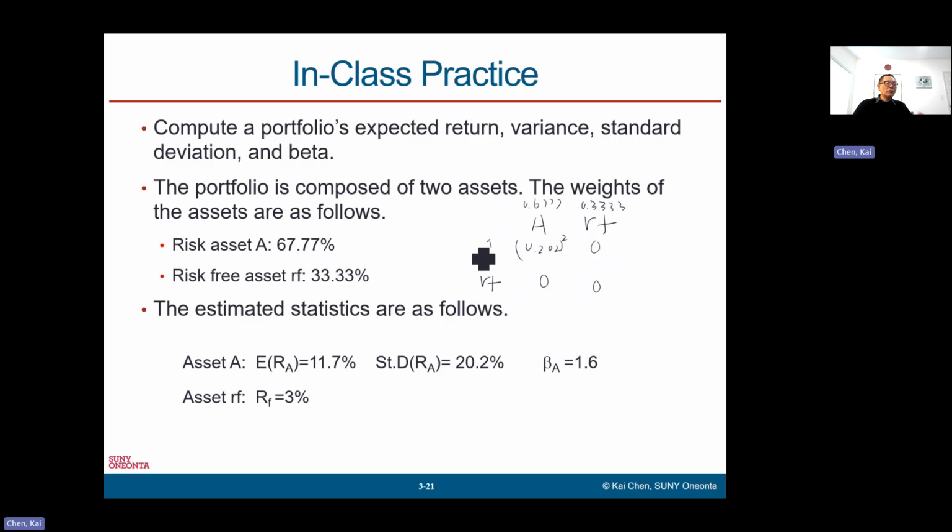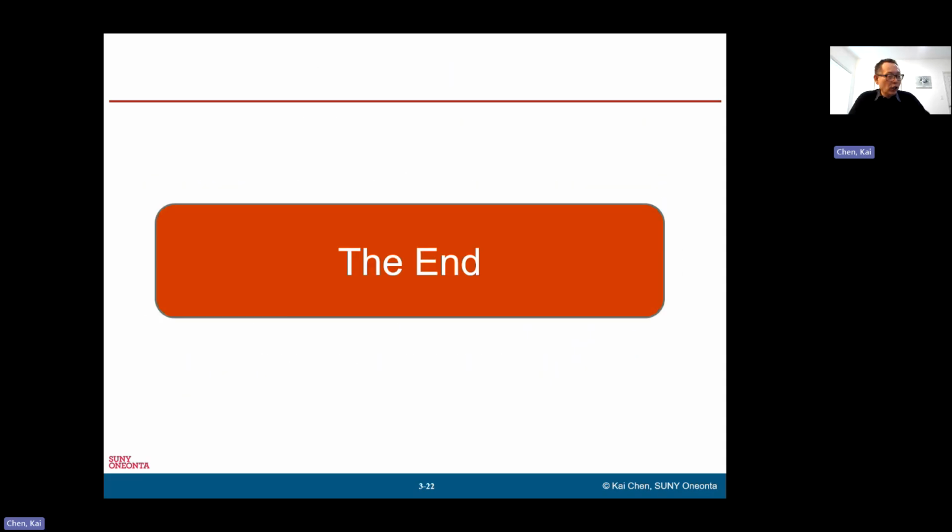Now let's look at the left of the rows. Here it is 0.6777, the weight of asset A, and the weight of the risk-free asset is 0.3333. Now we have expanded the covariance matrix. Now I believe you would know how to calculate the variance of this portfolio. That is all for this topic. Thank you.